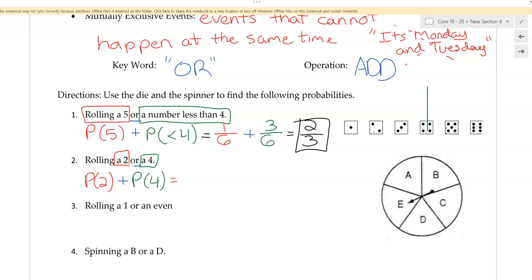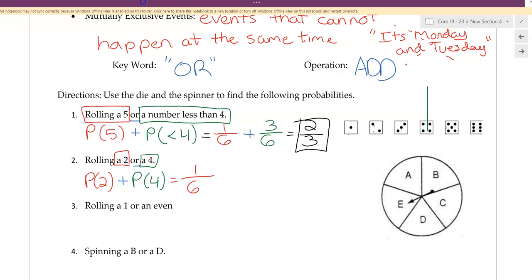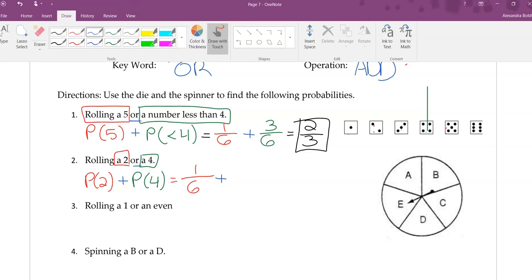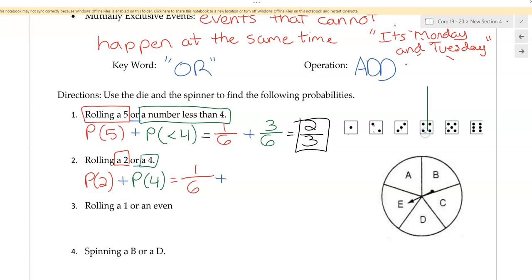Well, the probability of 2, there's 1 2 out of 6 options. And we're adding here. And there is 1 4 out of 6 options. Again, you can just type this into the calculator, and 1/6 plus 1/6 gives you 1/3.